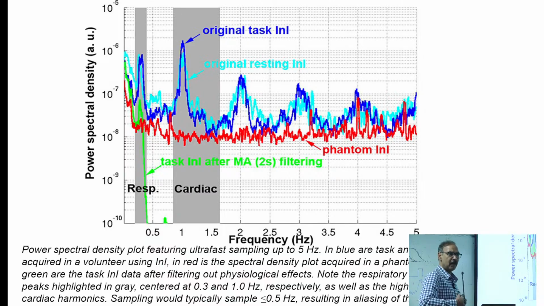If my heart rate is 1 hertz, then I have to collect how many time points? 2, right? So for 5 hertz, how frequently do I need to collect data? Maybe Surya? Very good. So you have to collect every 100 millisecond. So this is how they collected the data, right?